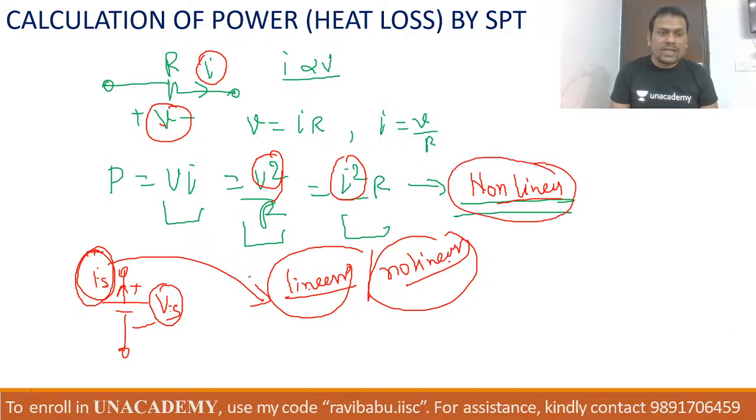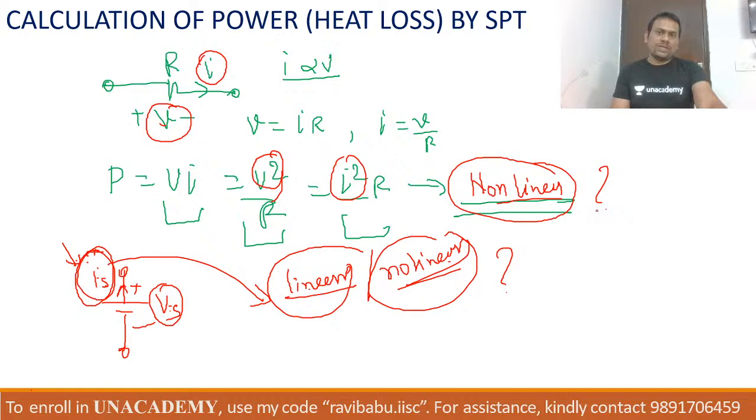And here, is the current linear or non-linear? So first always identify whether the current flowing through the battery is linear or non-linear. If this current is non-linear, stop your solution by SPT and follow any other method. Just keep these two points in your mind.